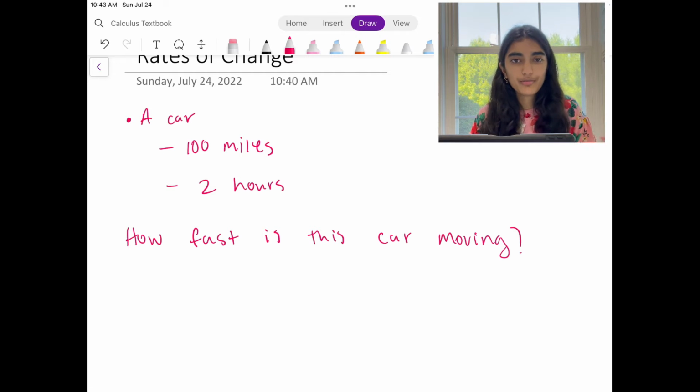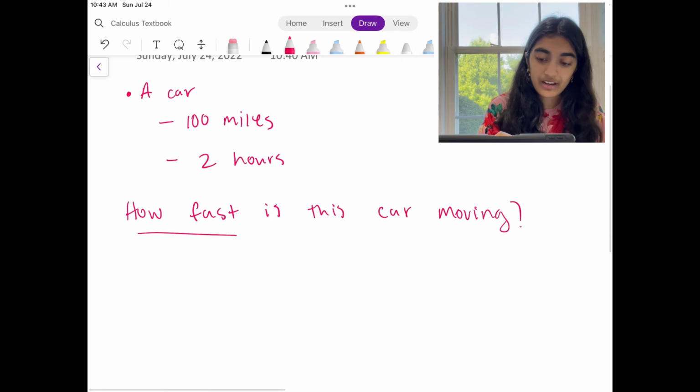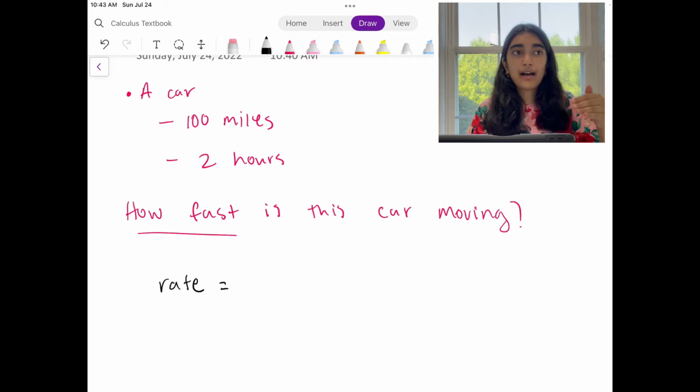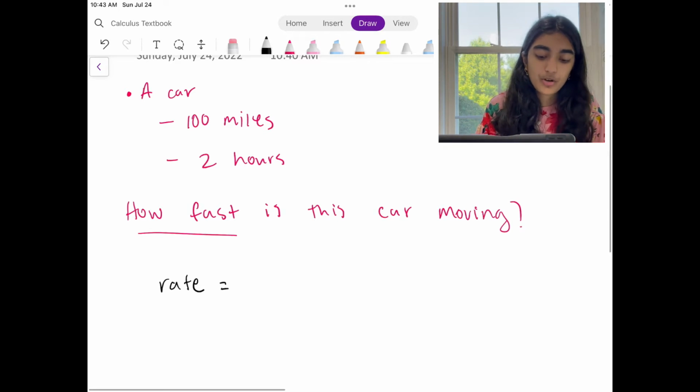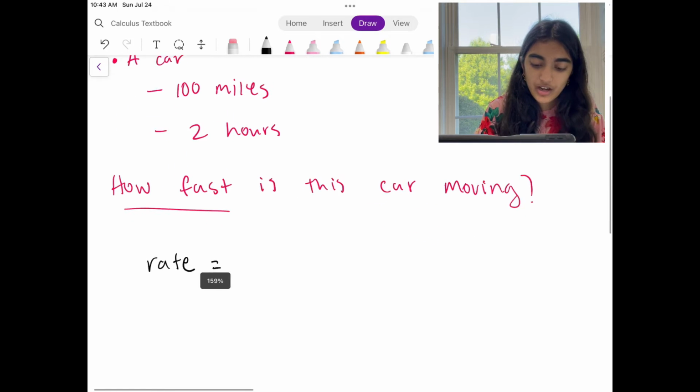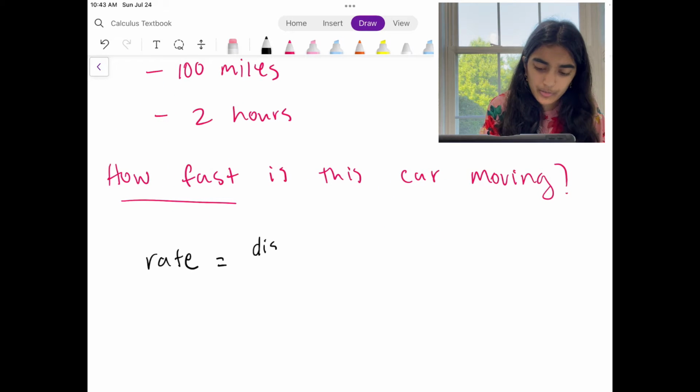Well, we know that if we want to find how fast, we want a rate, right? Rate is literally how much something is changing per unit time. So in this case, it would be distance per time. You've probably seen this formula before. Well, it's not really a formula, it's more like a definition.